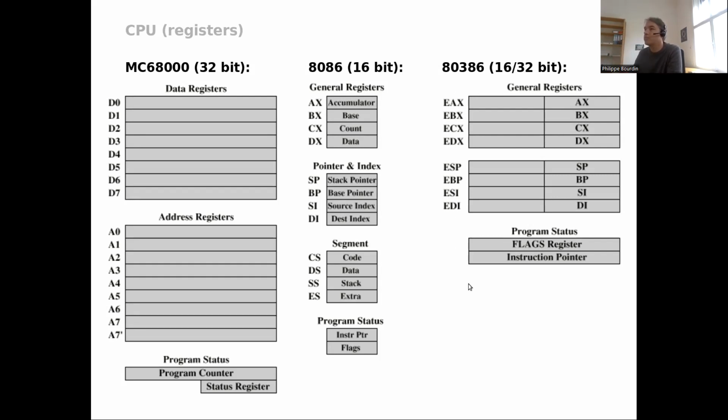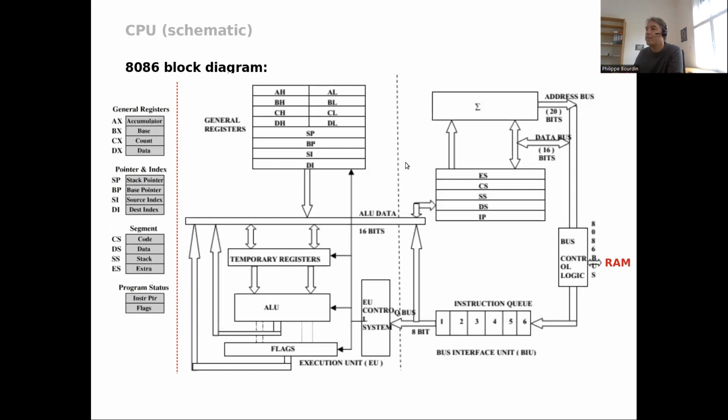I don't want to go too much into detail here. That is a block diagram. So here are the registers. The memory is accessed through this bus control unit or logic, and then reads data and stores data. And then you have temporary registers next to the arithmetic processing unit, so like here.